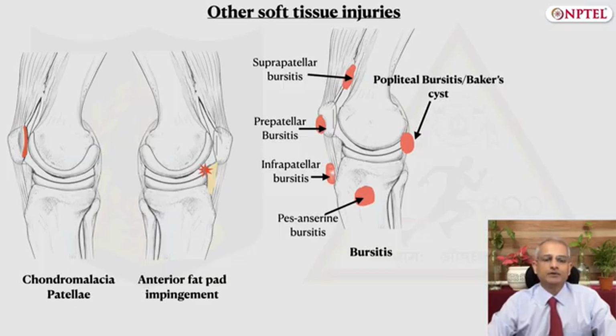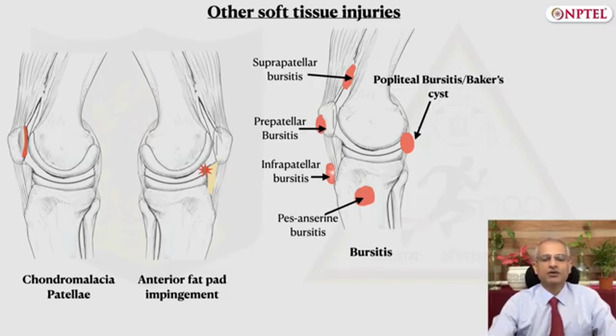Pes anserine bursitis is seen about 2 to 3 inches below the medial joint line on the medial side of the proximal tibia, and this happens around the insertion of the medial hamstrings on the tibia. Clergyman's knee or infrapatellar bursitis is the inflammation of the bursa located just below the kneecap.